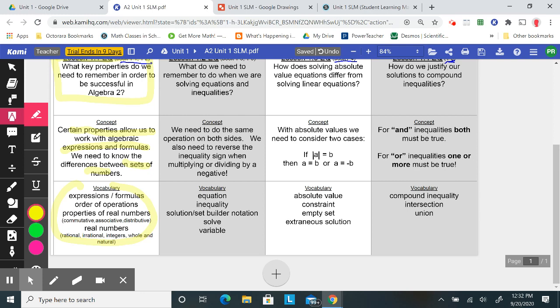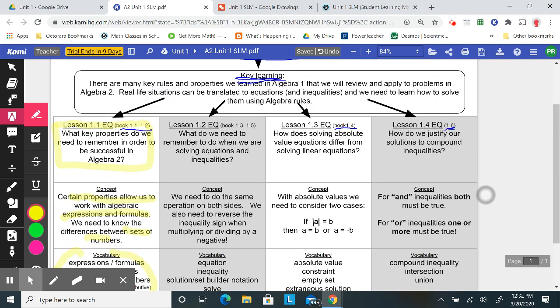So that's lesson 1. Lesson 2 moves into, on the second column, what do we need to remember to do when we are solving equations and inequalities? So we're going to move into solving equations and inequalities here. And the key concept is we need to do the same operation on both sides.